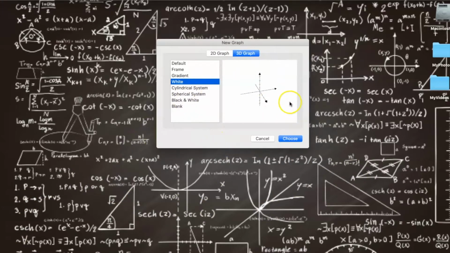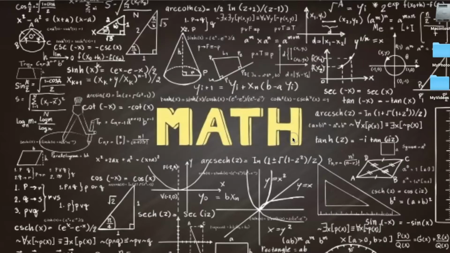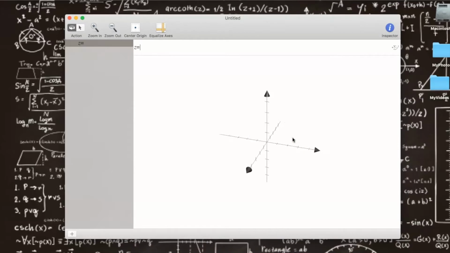Really easy to use for 3 dimensions. So I'm going to go ahead and open up a new graph in 3D, and then I'm going to type in my equation, which is y times the sine of pi x over 2 plus 2x times the cosine of pi y over 2.